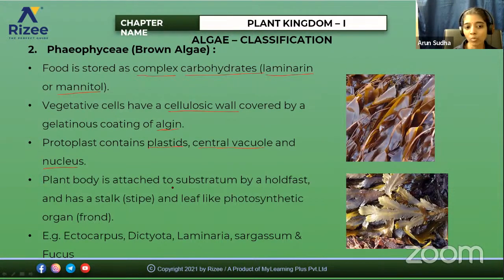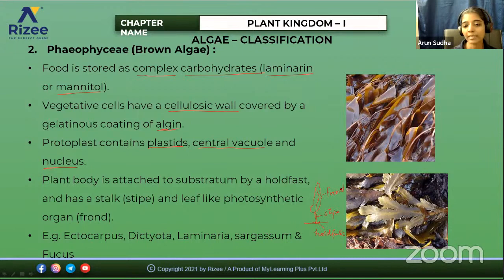And here the plant body is attached to the substratum by a holdfast. If this is a substratum, this is the holdfast. Through the holdfast, it is attached to the substratum, and then it has a stalk, and then leaf-like structures. This stalk is called the stipe, and these leaf-like photosynthetic structures are called frond.